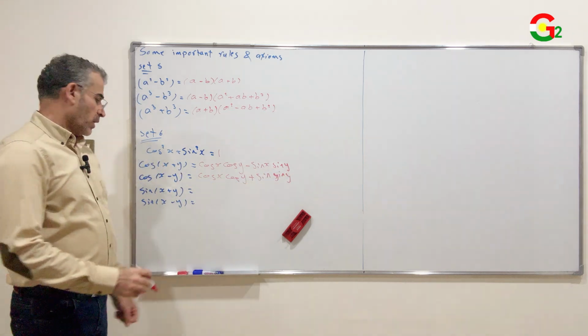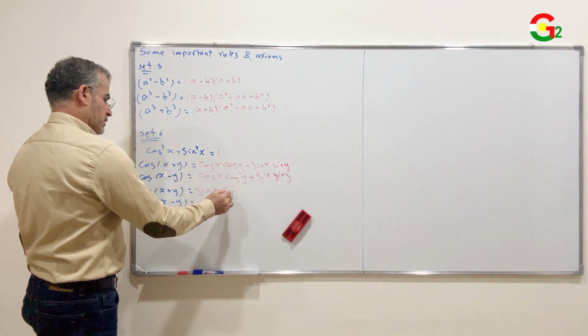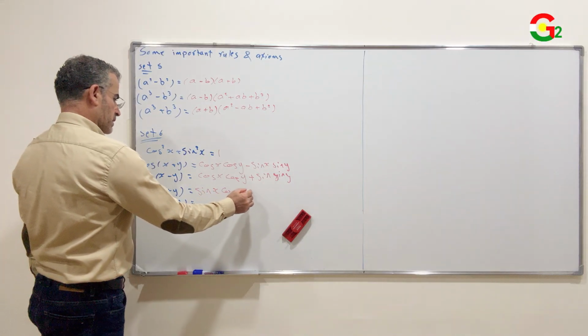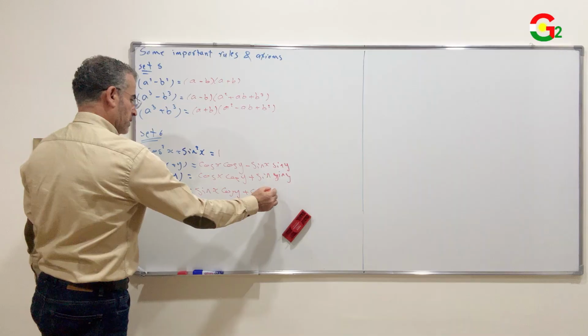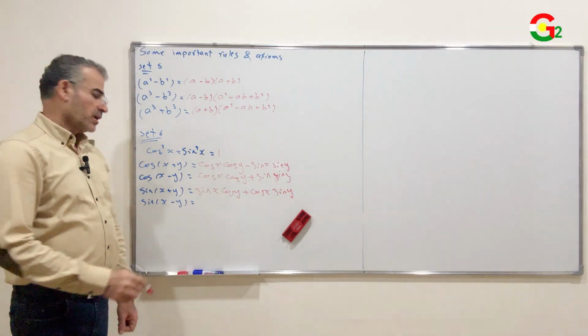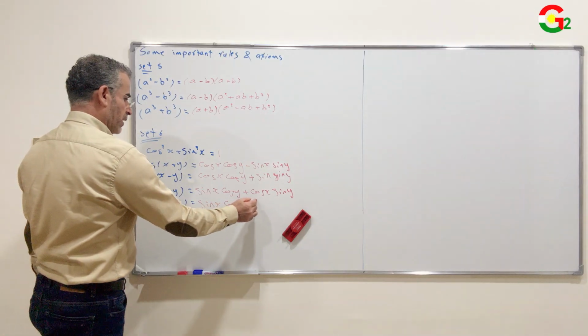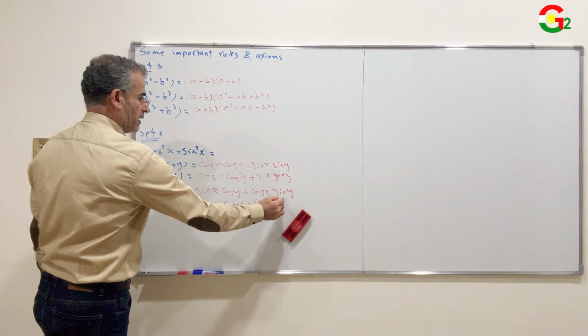Sine of x plus y equals sine x cosine y plus cosine x sine y, and sine of x minus y equals sine x cosine y minus cosine x sine y.